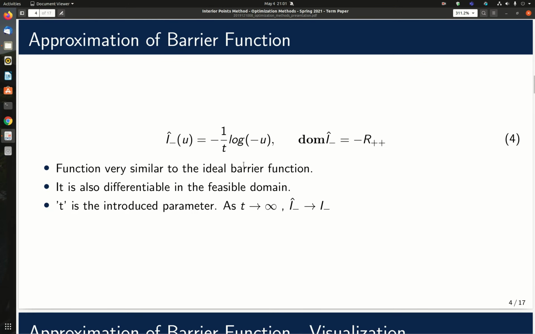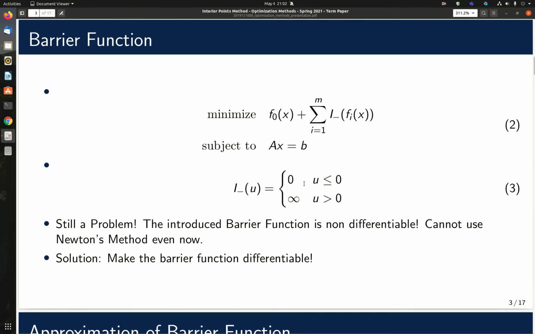But the biggest advantage is that it is differentiable in the feasible domain, and that's what we wanted. Now t is an introduced parameter, and as t tends to infinity, this approximate barrier function will tend to the idealistic barrier function.